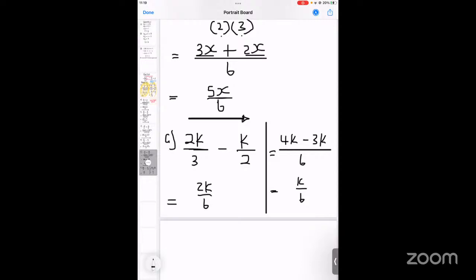Wait. Okay, now I see. Can you see your mistake, Manahil? Otherwise, you could have got it correct. Manahil, can you see your mistake? No, sir.